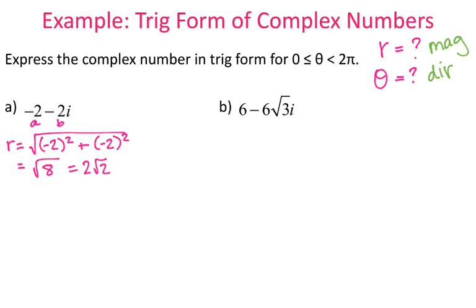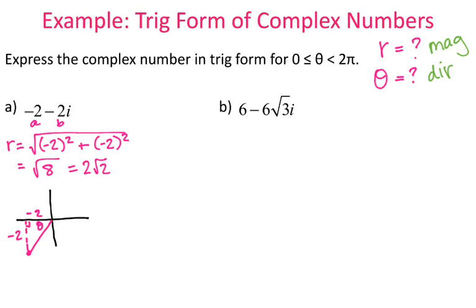And for theta, when we're trying to figure out what theta is, it is important that you actually graph your complex number. So I'm going to graph this just so I can have a visual. So -2, -2, that puts me in the third quadrant. And of course, we're going to have a lovely little right triangle, just like we did with vectors. And here is my theta. So I'm going to go ahead and find my reference angle.